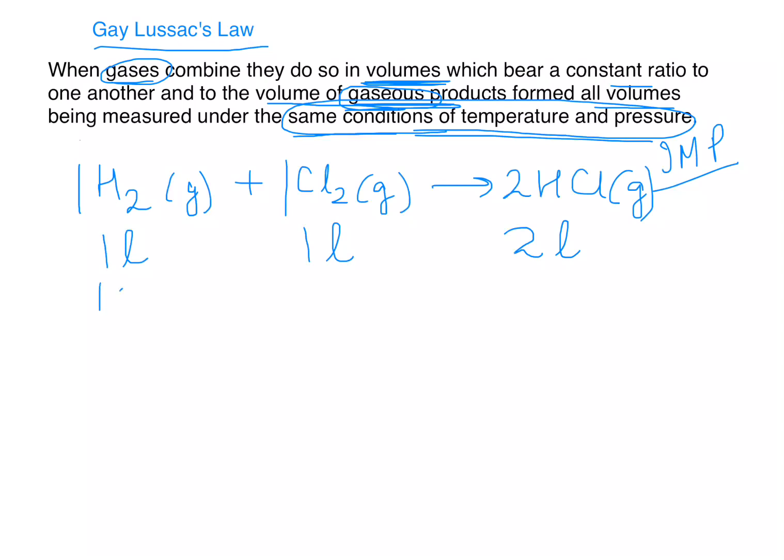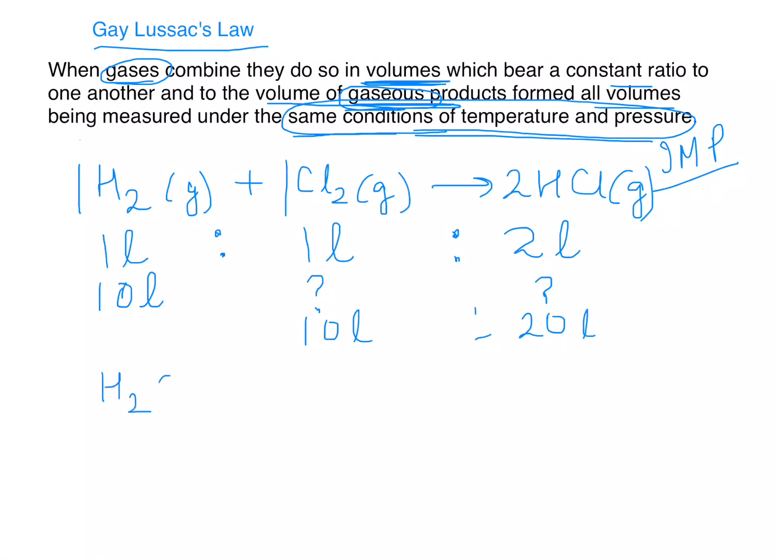So supposing I say that I have to convert 10 liters of hydrogen to HCl, how much of chlorine is required and how much of HCl will be formed at the end of the reaction, considering that the reaction goes to completion? So very simple, we've got the ratio of 1 is to 1 is to 2. So 10 is to 10 is to 20. Simple.